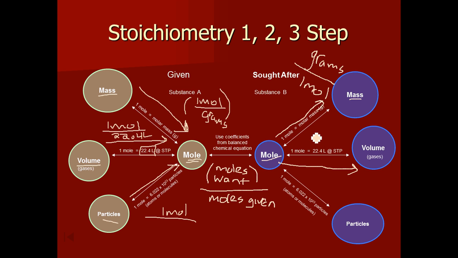This time it's going to be 22.4 liters over 1 mole. Then lastly, down here, going toward particles, it's going to be 6.02 times 10 to the 23rd over 1 mole.